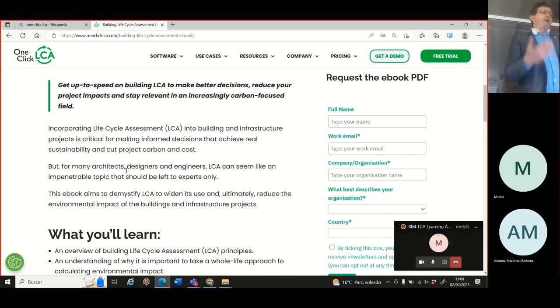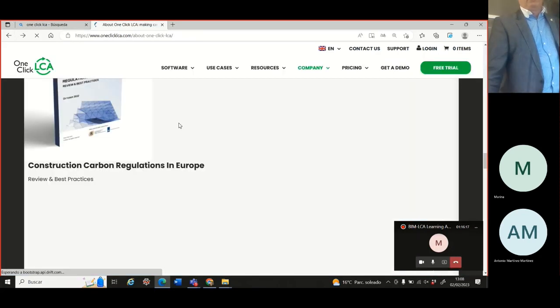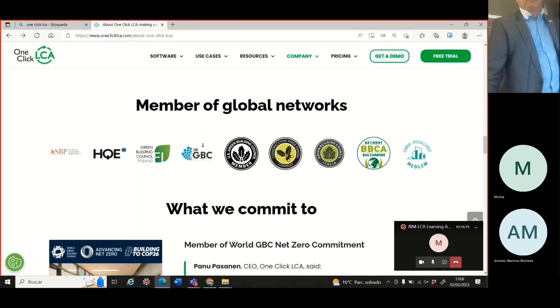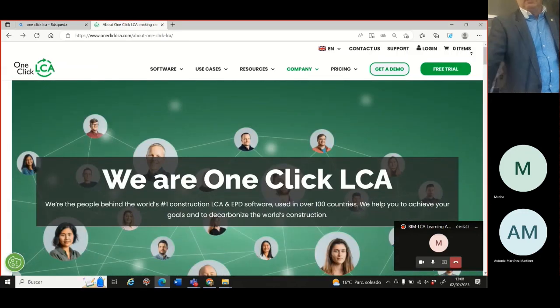They are trying to promote their software, which is good, but the big problem is that it's expensive. If you're not doing this on a regular basis, I'm not sure you will buy it for a company. That's why you see here big companies using this.